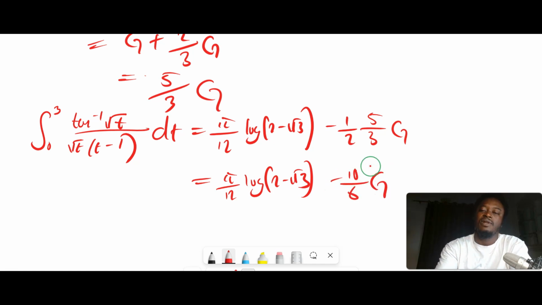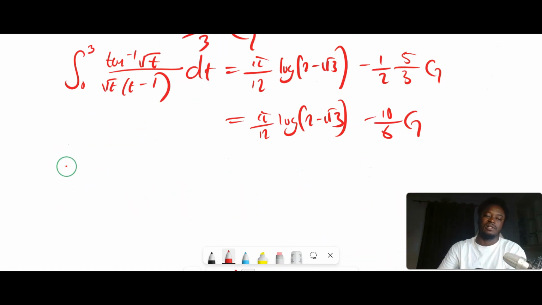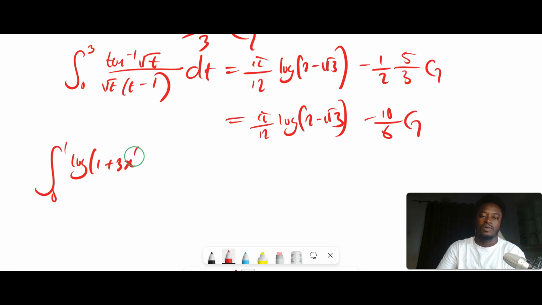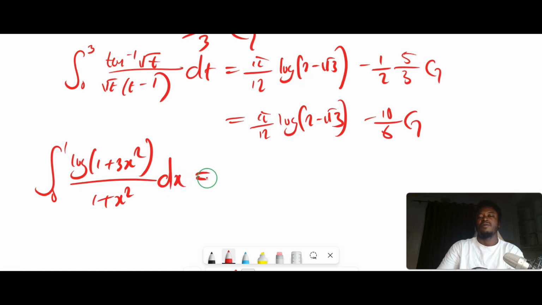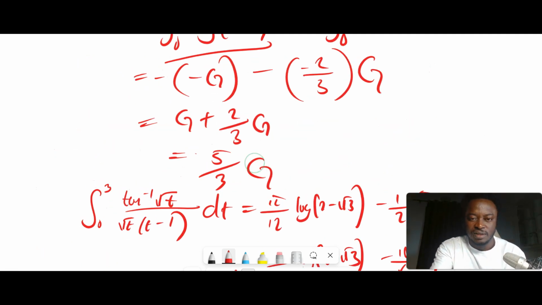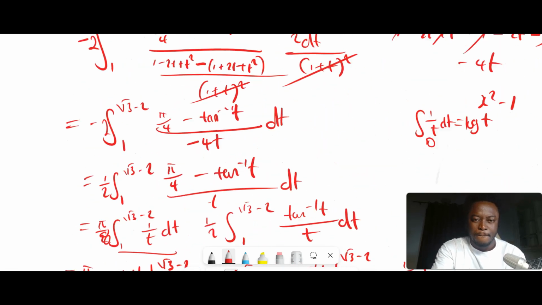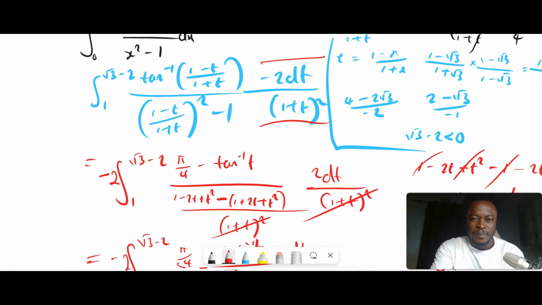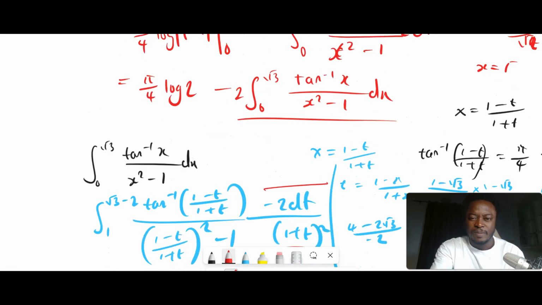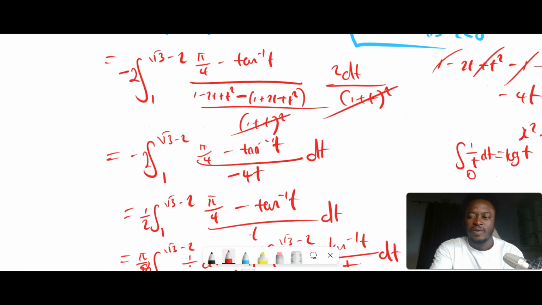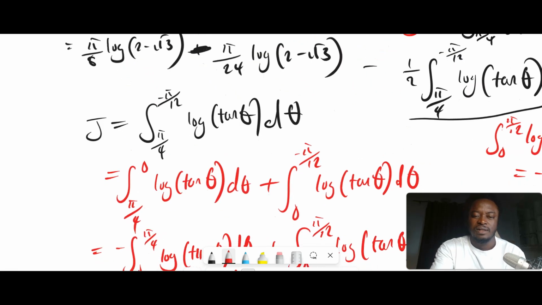Okay, now let's start. Then the original integral, which is the integral from 0 to 1 of the logarithm of 1 plus 3x squared, all divided by 1 plus x squared, dx, we got pi over 4 log 2 minus twice this integral.